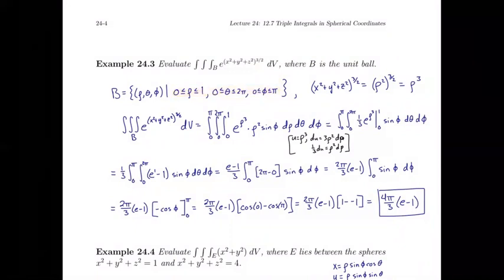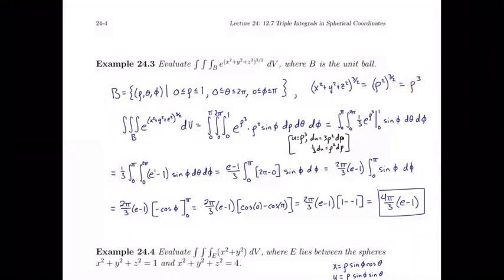One thing to notice is that x squared plus y squared plus z squared is rho squared, raising all that to the 3/2, and we just swap out the inside of that as rho squared, and we end up with the exponent of our integrand being just rho cubed.